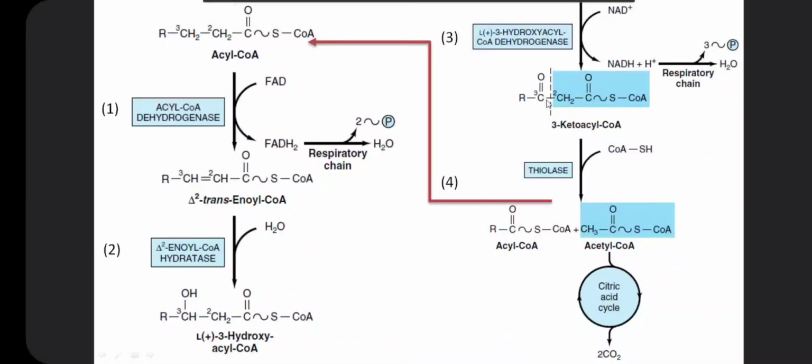So after oxidation, hydration and oxidation, the beta carbon atom is oxidized and converted into a ketone group.